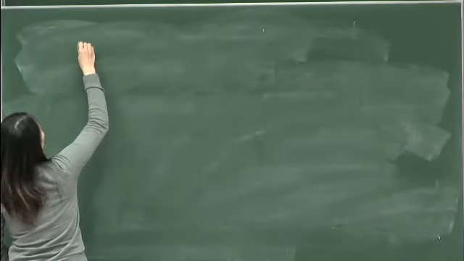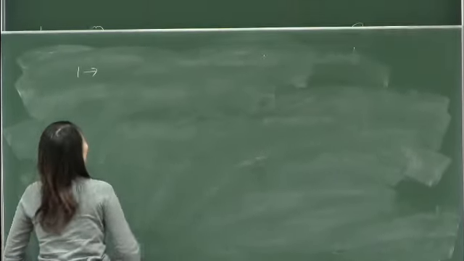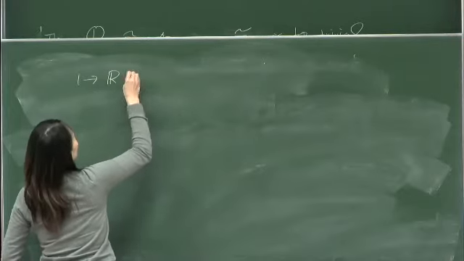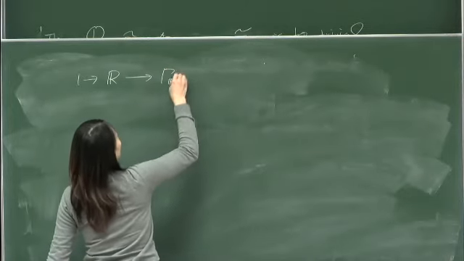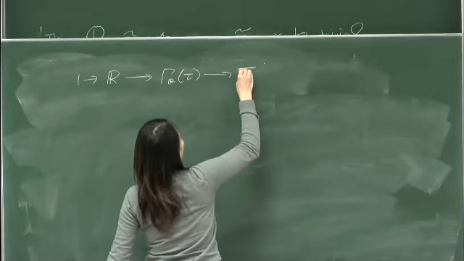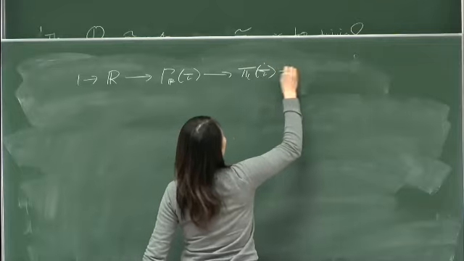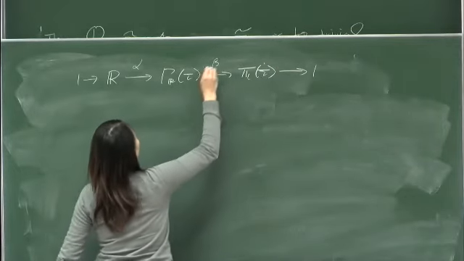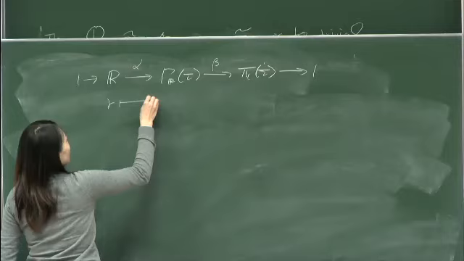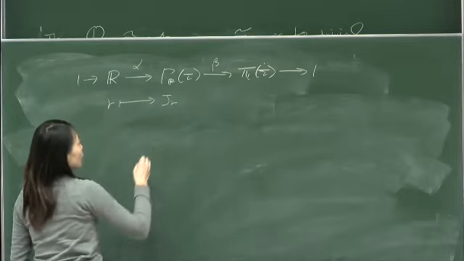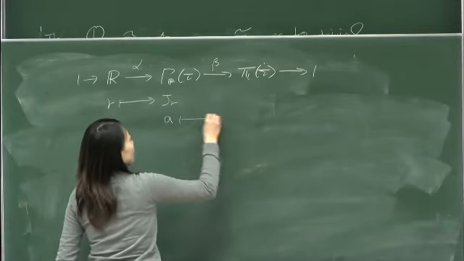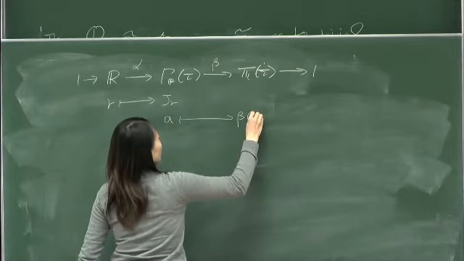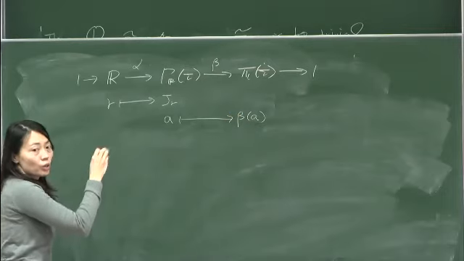So you have this exact sequence. So if you have any R, you send it to something called JR, and then A sends to beta A. And so there are some relations here.